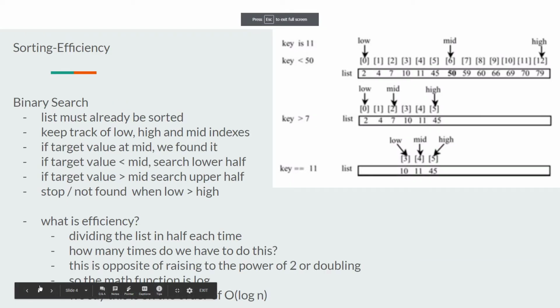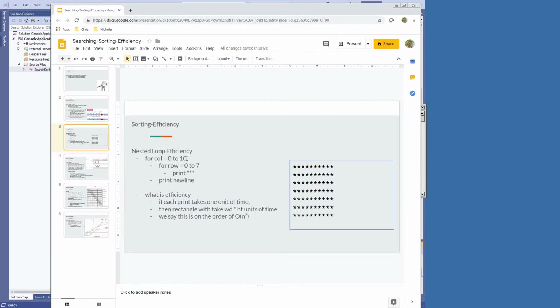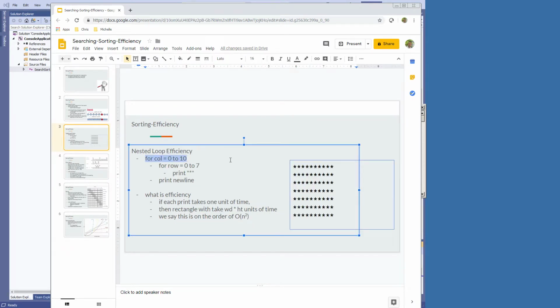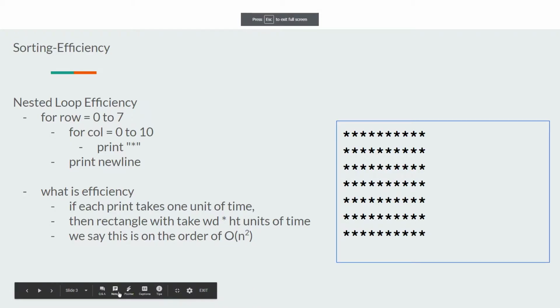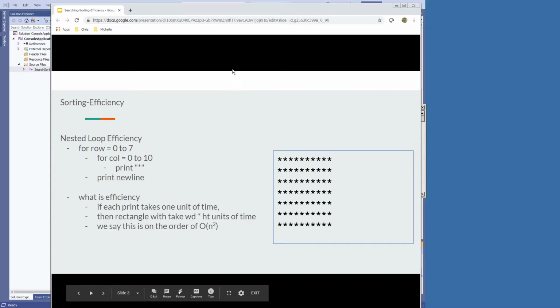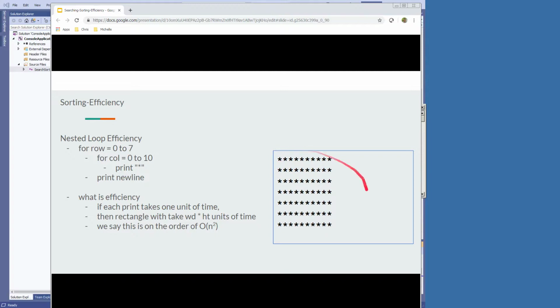So I have a slight bug here. Column loop should be the inner loop. So the column loop goes from 0 to 10, so I've got 10 asterisks here, and then I've got 1, 2, 3, 4, 5, 6, 7 rows. So just a slight reverse on the loops, the inner and outer loop. The point is that this is going to print out a rectangular shape of asterisks.